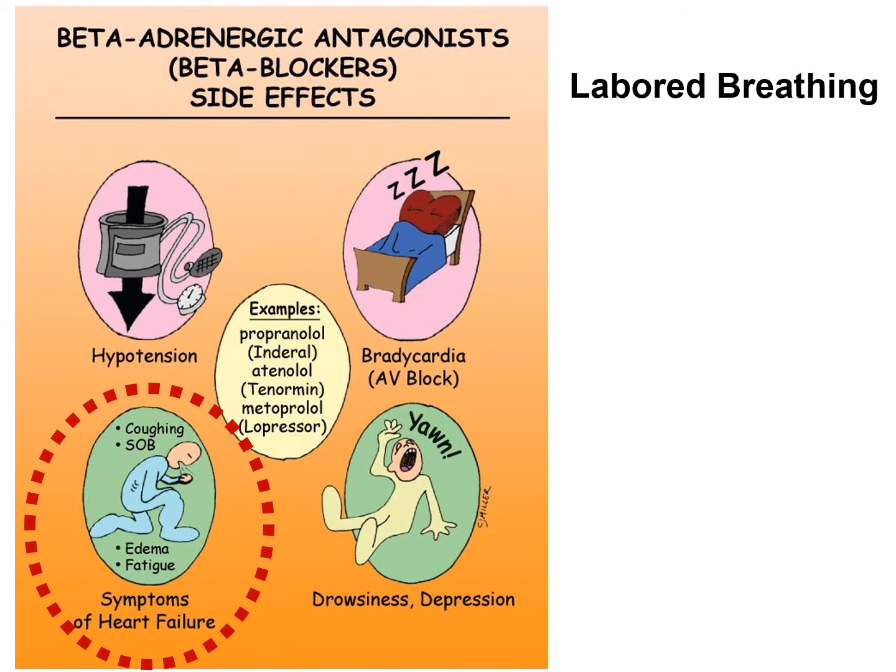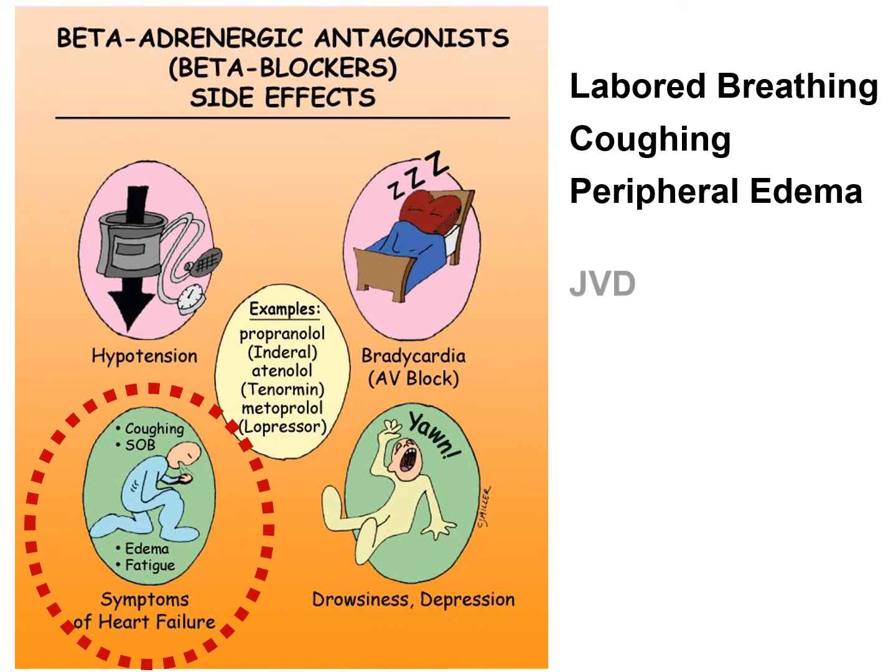So things like labored breathing, which would indicate that fluid is beginning to accumulate in the lungs and they're not getting enough oxygen to meet metabolic need. Coughing, same thing. This is collectively known as dyspnea. Peripheral edema, so that's when you start to see swelling of the hands and especially the ankles and the feet.